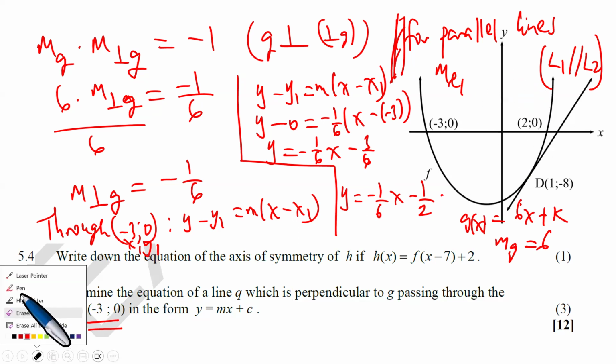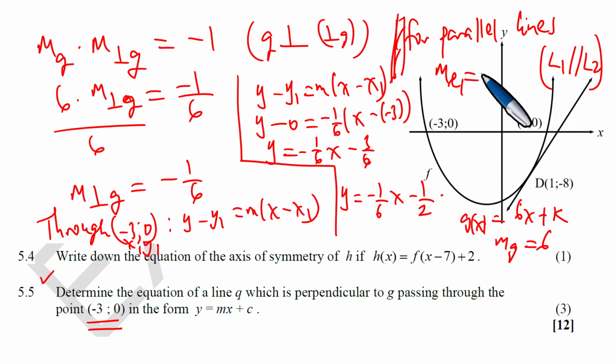This is testament to the fact that line 1 and line 2 are parallel to each other, and therefore, if two lines are parallel, then the gradients are equal to each other. It's something that you need to take note of there.